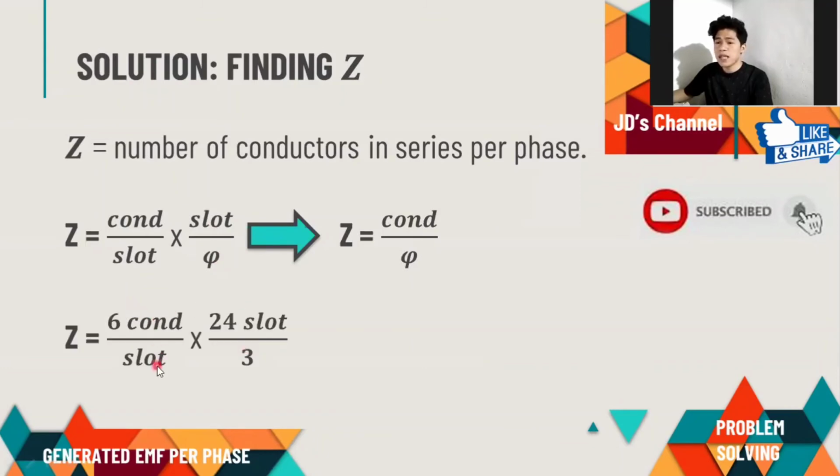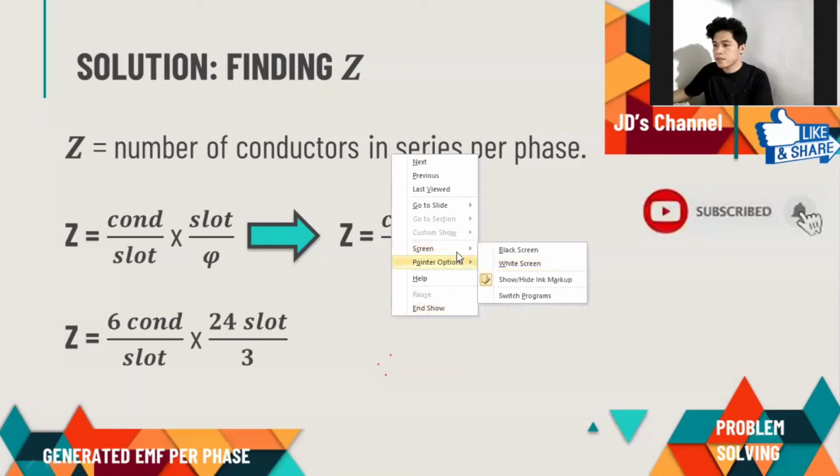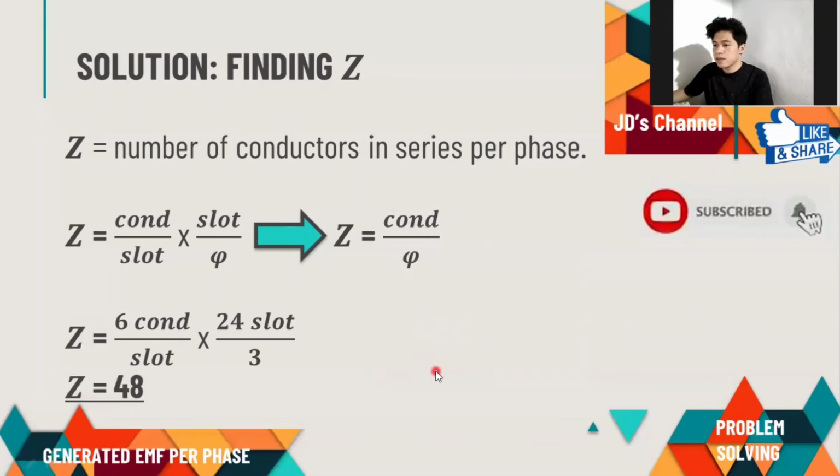We have 6 conductors per slot, which is our given, and 24 slots, and 3 phases.